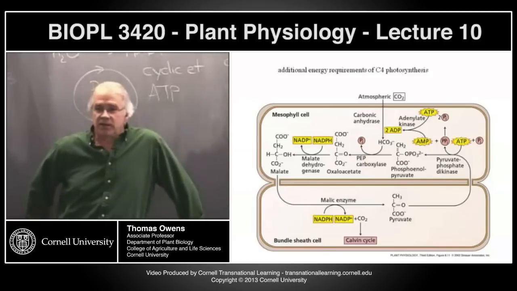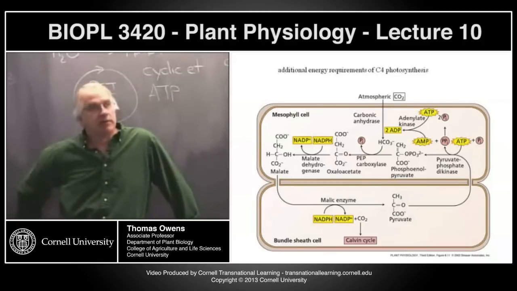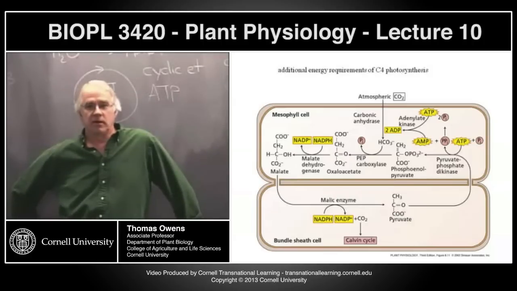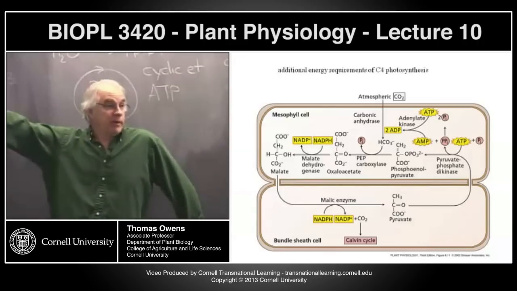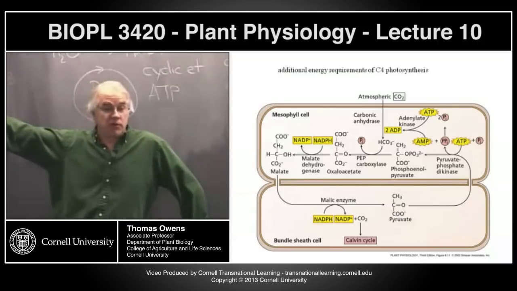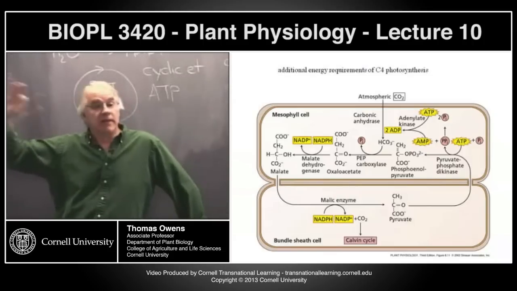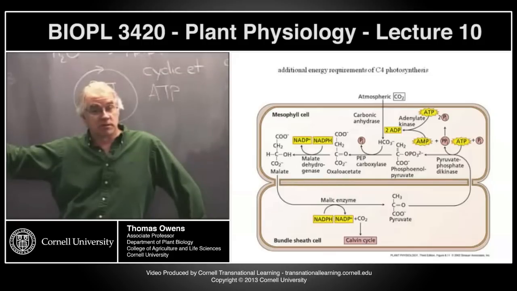So let's come back to a question that we talked about several lectures ago that had to do with the fact that C3 plants need to have their stomates open in order to do photosynthesis. We haven't talked about it, but one of the things that we know about C4 plants is their stomates can be mostly closed, and they can do normal photosynthesis.